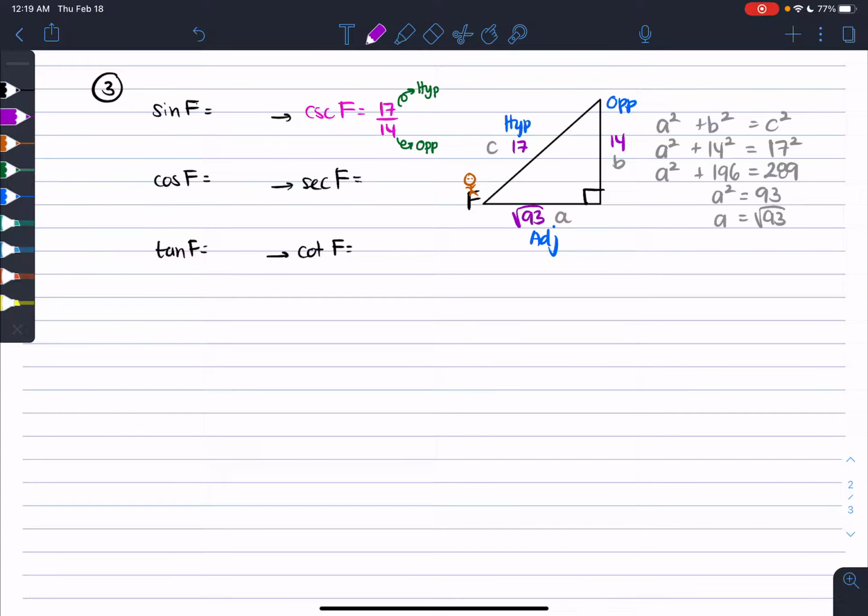Very cool. So now let's fill in our ratios. We know that sine of F is opposite over hypotenuse, or the reciprocal of cosecant. So we get 14 over 17.